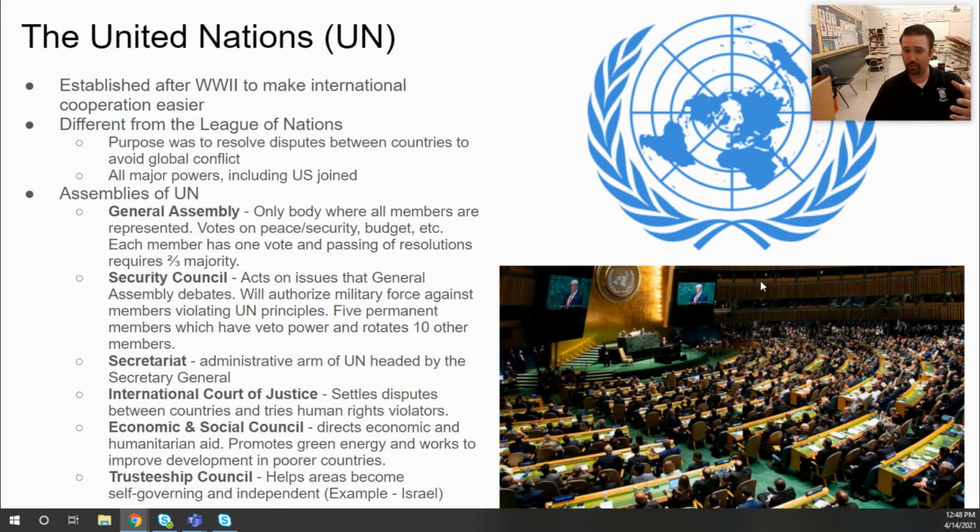This is probably the most important, and the big difference between the League of Nations and the United Nations is that the Security Council advises and authorizes the use of military force, whether sending in peacekeepers or authorizing military force against a country that steps outside the UN principles.